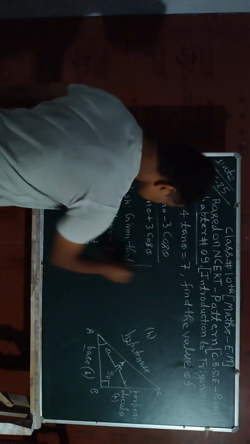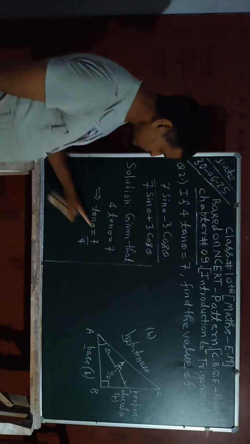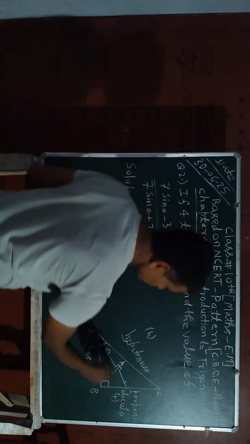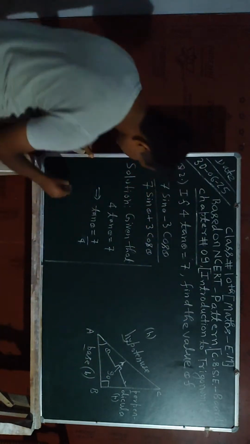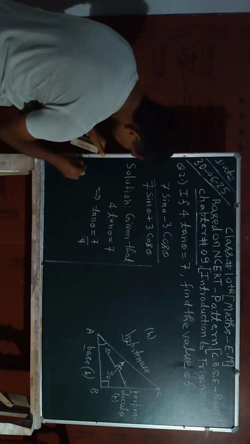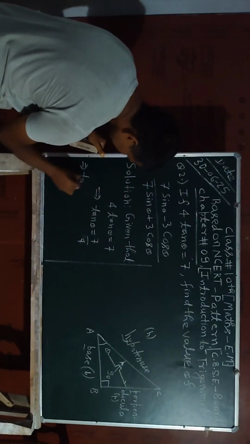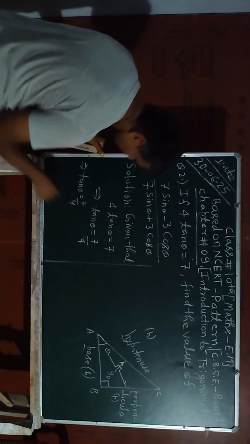Okay, student. Now here I am going to write all the information. Tan theta is equal to perpendicular divided by base. In other words, tan theta which is given as 7 divided by 4.